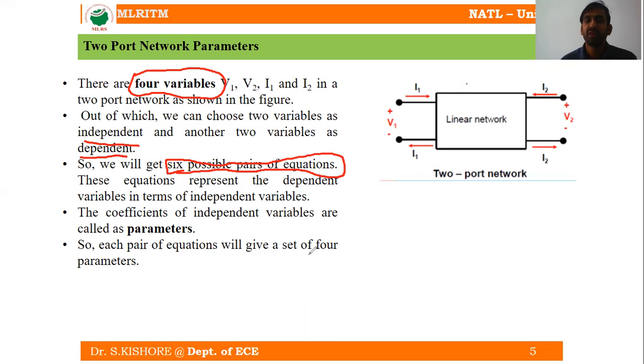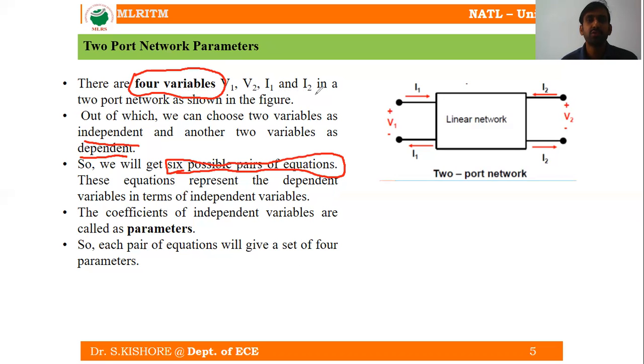Each pair of equations is going to have a set of four parameters. So what are those parameters, and how are we going to classify them? Repeating again, we classify the network parameters based upon these combinations of four variables.